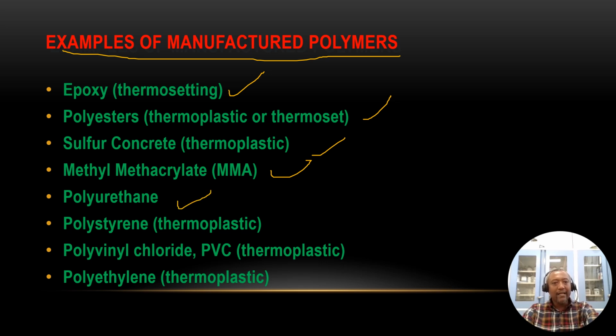Polyurethane is also considered a manufactured polymer. Next, polystyrene, which is thermoplastic. Polyvinyl chloride or PVC, which is again thermoplastic. Polyethylene, again thermoplastic, is considered a manufactured type of polymer.